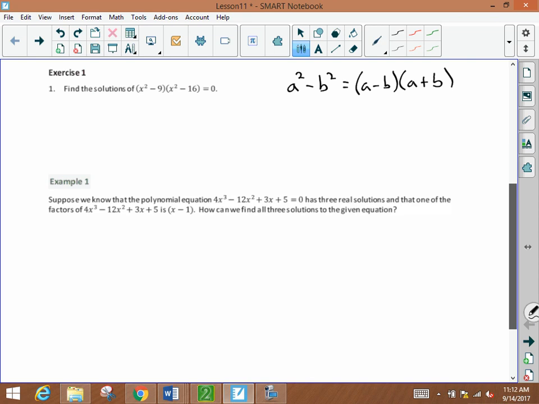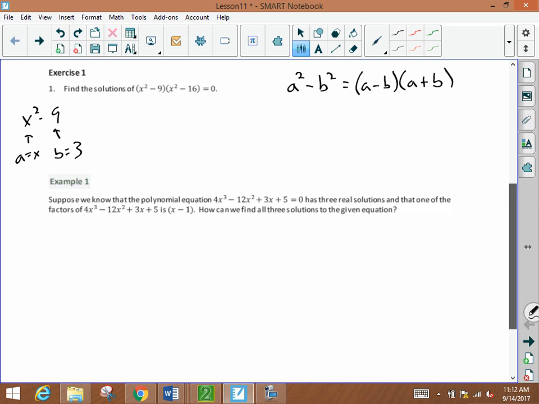So in this case, if we look at this one, for x squared minus 9, we would say that a is x, right? And in this case, b is 3, right? So that's 9 is 3 squared. So it's like I have x squared minus 3 squared.